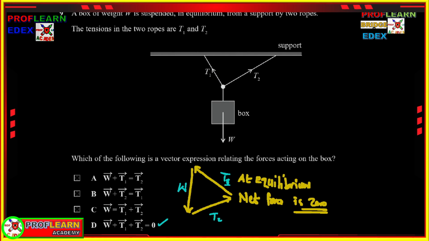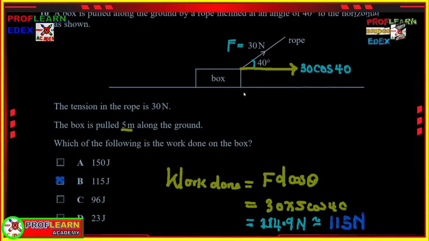We also have a box which is pulled at an angle like this. If work is done to move this box a distance of 5 meters along the ground, we cannot use this force the way it is to calculate the work done. Remember, work is done when a force is applied to move an object in the direction of the force.